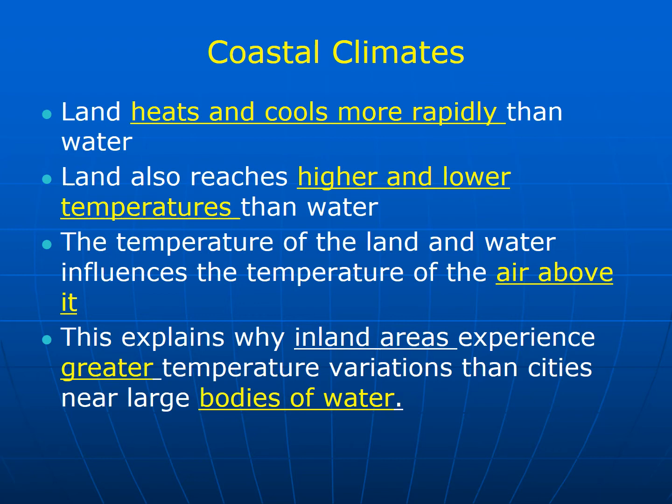Land also reaches higher and lower temperatures than water. The temperature of land and water influences the temperature of the air above it. So when these two collide, it changes if we're going to have a warm front or a cold front. This explains why inland areas experience greater temperatures than the cities near large bodies of water.